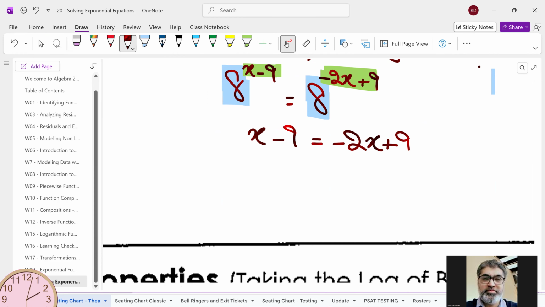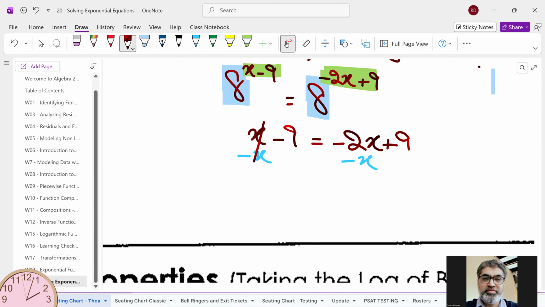Right? Now we can solve it for x. I can leave it here for you to solve it. What do you think? What should be the next step? Subtract the x from both sides. If I subtract the x from here, what will you get?